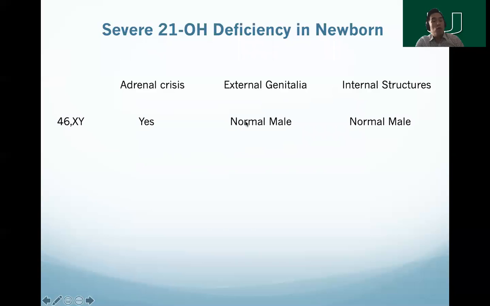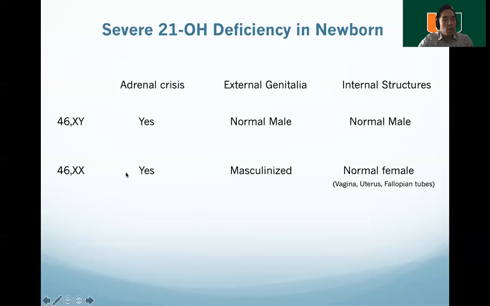They have normal external genitalia. Why? Because they make testosterone, so they were supposed to masculinize their external genitalia. Having extra androgen wouldn't change anything. And the internal duct structure is male, right? Vas deferens, epididymis, because they have AMH. So AMH makes those Müllerian duct structures regress.